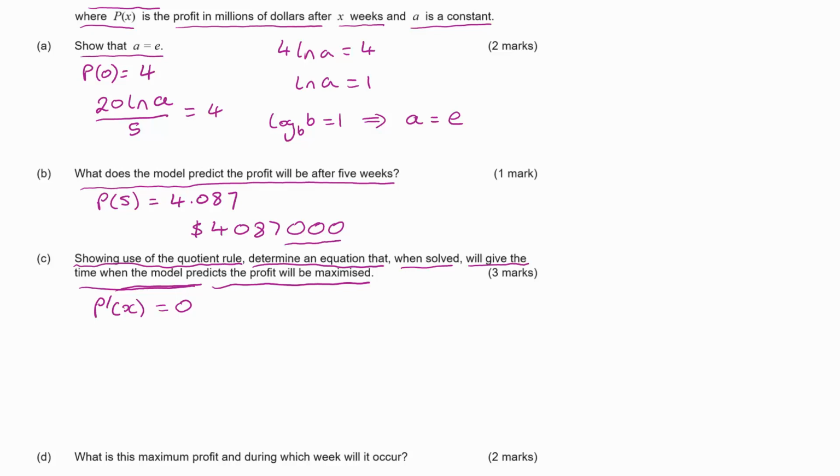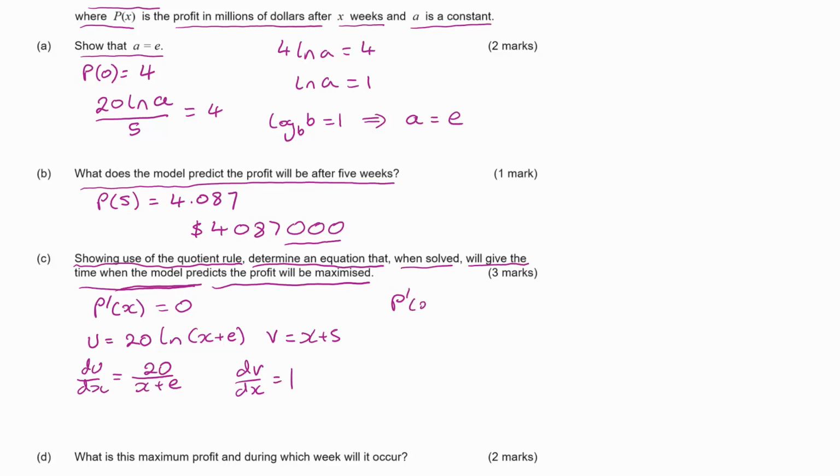Now, u is going to be 20 ln of x plus e. v is going to be x plus 5. So du dx is going to be 20 over x plus e. And dv dx is just going to be 1.